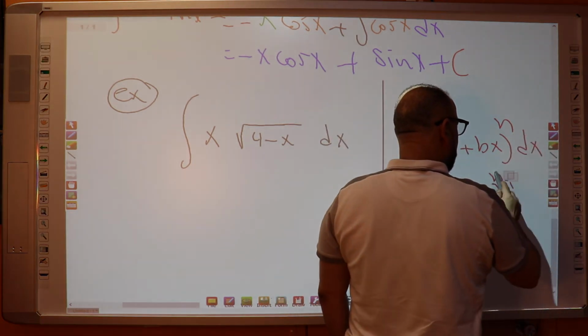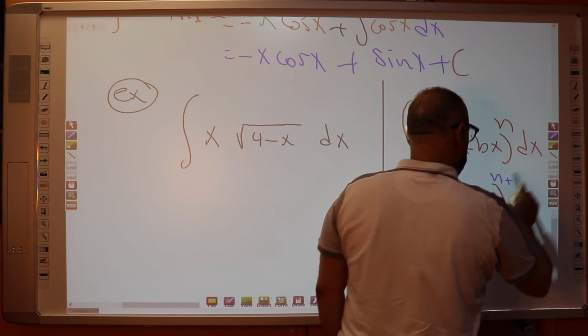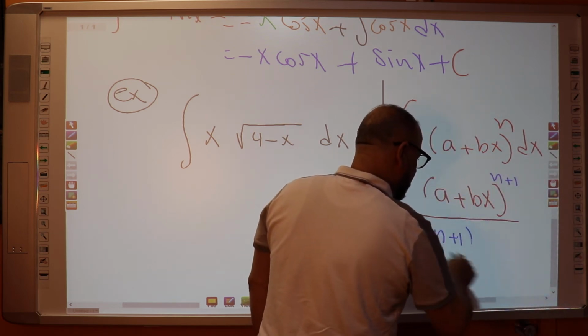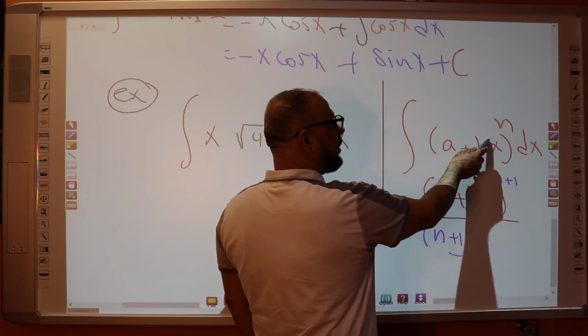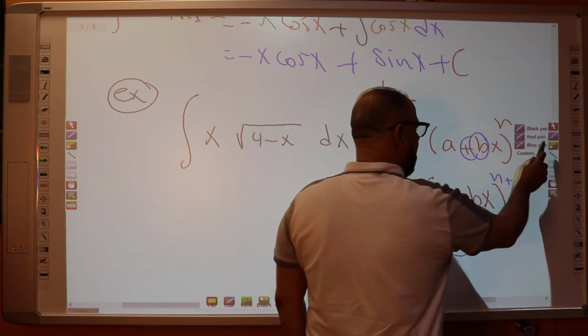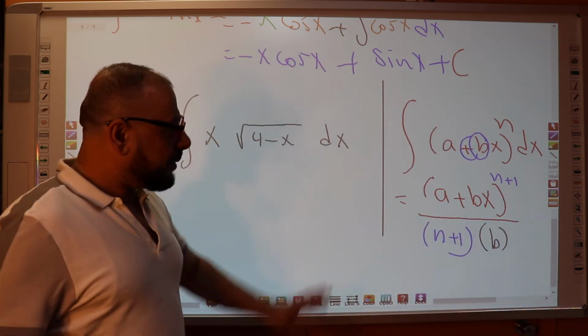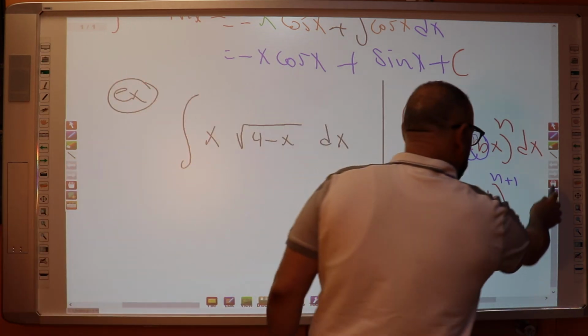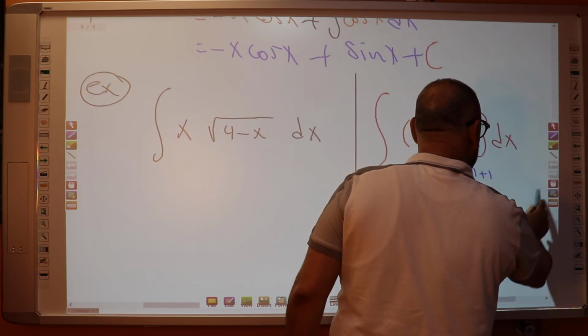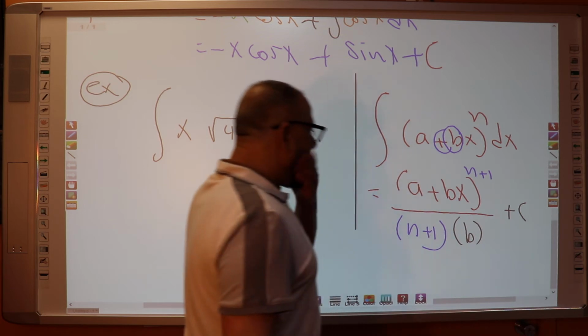It equals (a plus bx) to the n plus 1, over n plus 1, times the derivative inside, which is b, plus c.